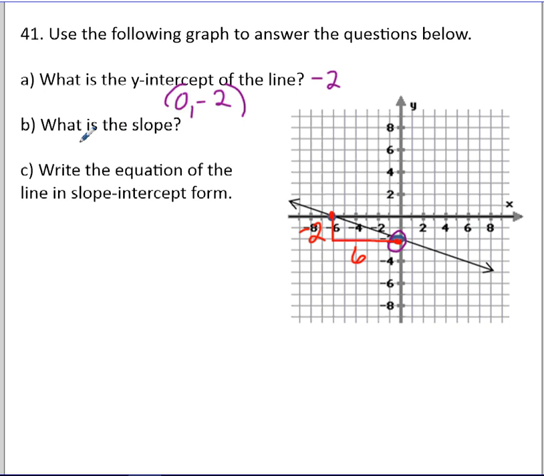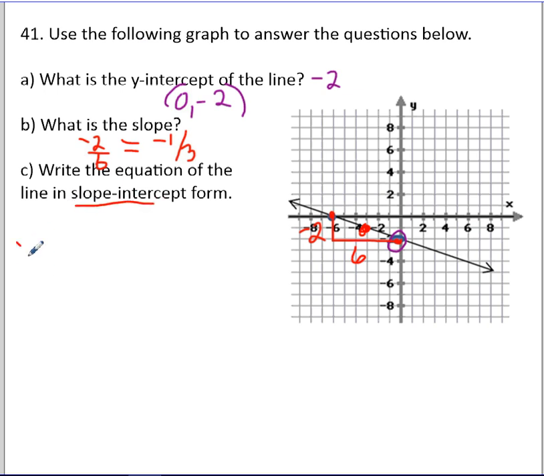So we're going down 2 and right 6 for our slope, and that can be simplified. We'll divide them each by 2, and we'll get -1/3. So again, that means that we could have gone down 1/3, which would have put us here to get the next point that crosses perfectly. But that's okay, we can simplify.